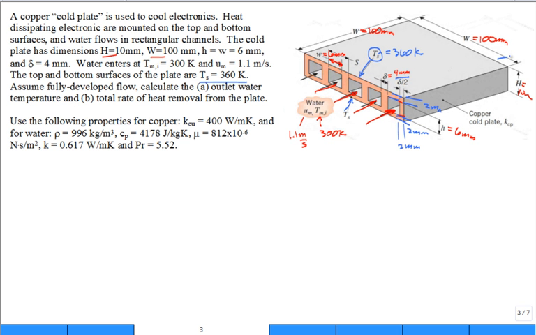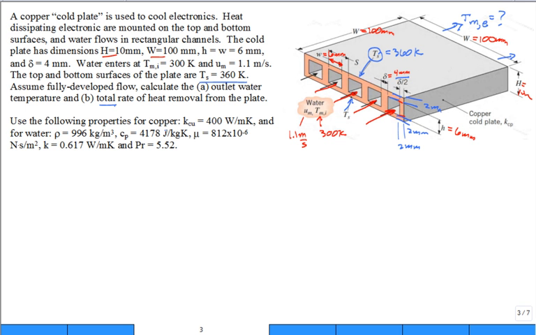So over here, we're coming out with the temperature of the water, the mean temperature exiting. That's what they want to calculate. And the total rate of heat removal from the plate. That total rate of heat removal will be from both the top and the bottom.